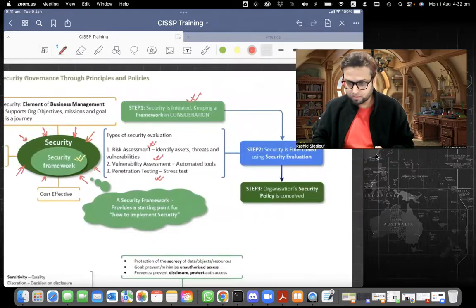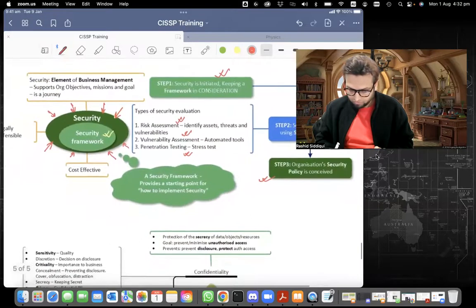So we do all these things in doing a scoping and tailoring of the security framework, which we originally take as a foundation, and we fine-tune it based on our requirement or to suit the organizations where we want to design the security policy, right? And as a result of these 2 steps, the organization security policy is conceived, basically.